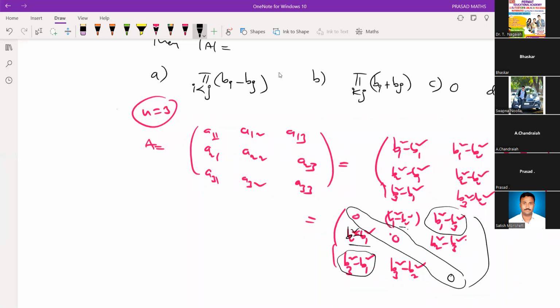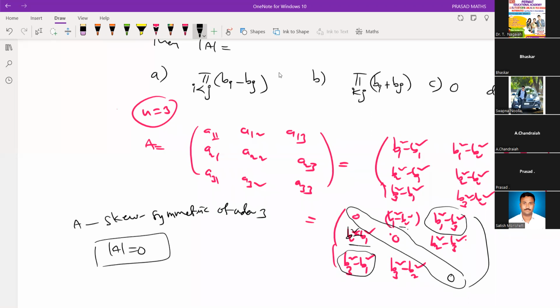Is there any idea? Skew symmetric. Yes, this is a skew symmetric matrix of order 3. What is the determinant? 0.